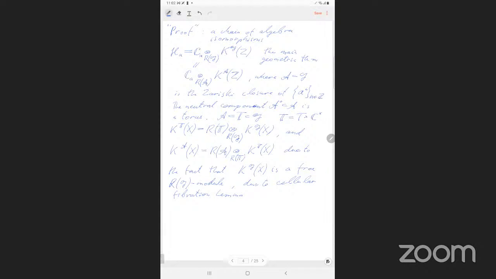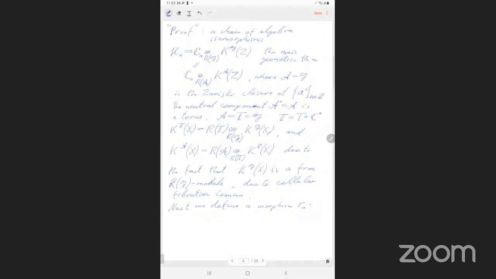Let's move on. Now we define, maybe let me start here, the morphism RA.